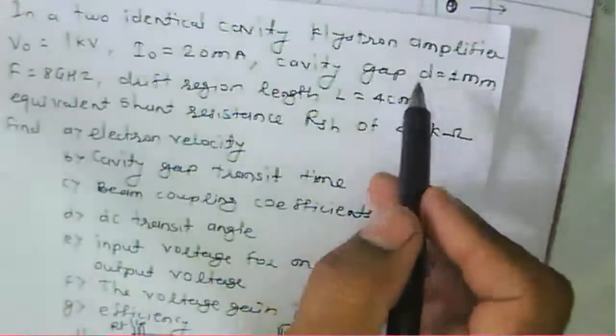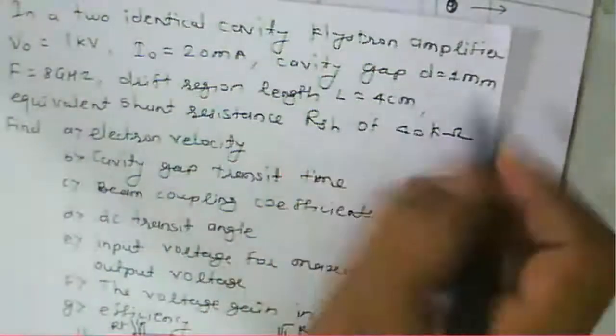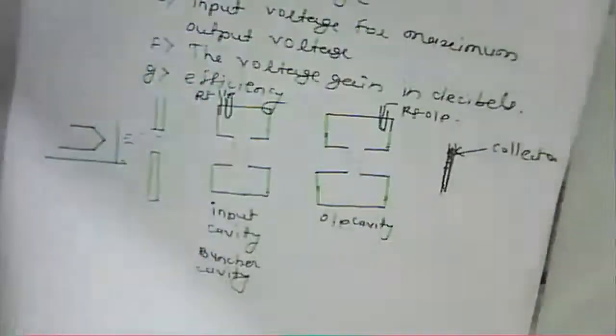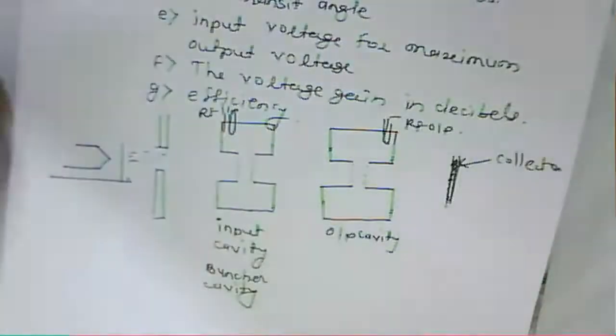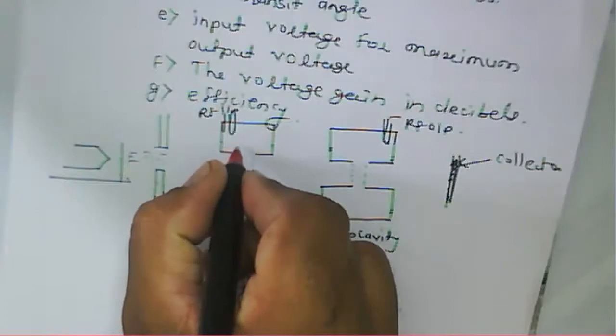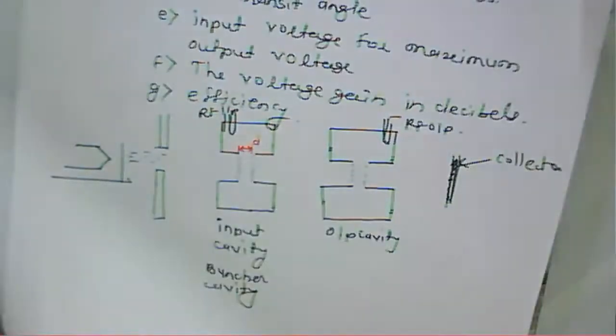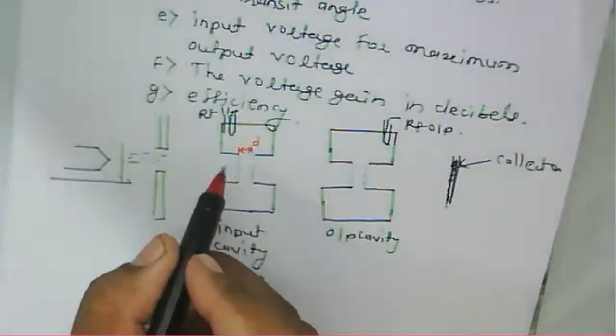For the value of d of 1 mm, cavity gap means what? This one is your cavity gap, this is nothing but d.